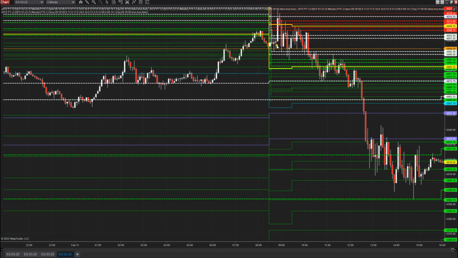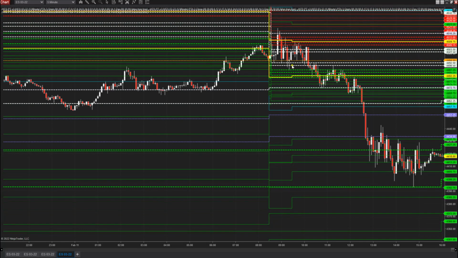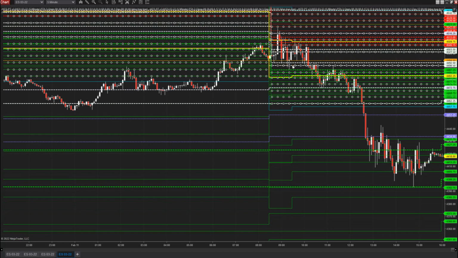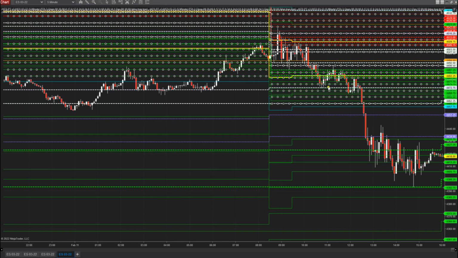When you're inside these ones, you see how whippy that is? As they're trying to get the direction set, they have not set it. So if you are aware of that, you can just wait until you get below that 8:35 close.